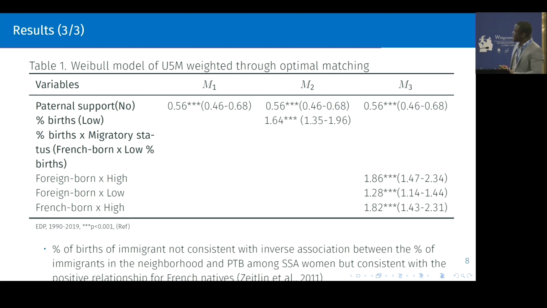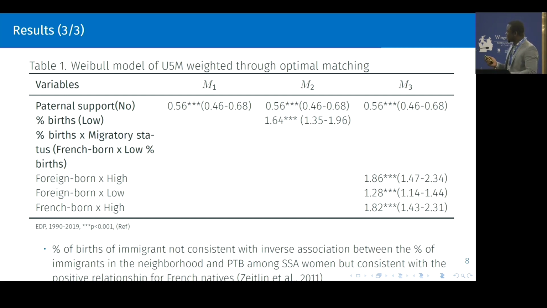And when we look at the interaction of migration status and the percentage of births, we can note that being foreign born in a municipality with a high percentage of immigrant births increases under-5 mortality.